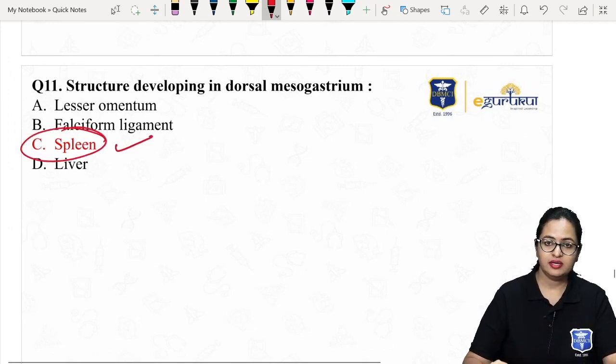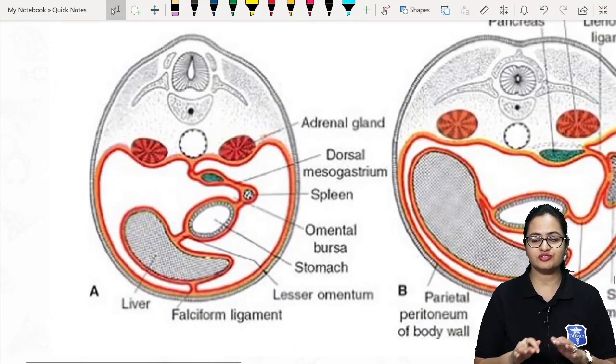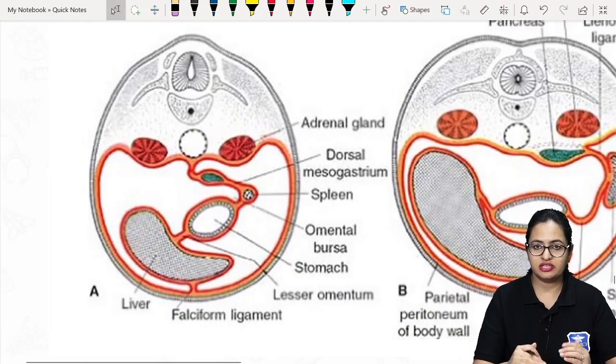Now coming to the next question, it says the structure which develops within the dorsal mesogastrium, that is the spleen. Let us see this picture. This is a transverse section in the developing embryo.